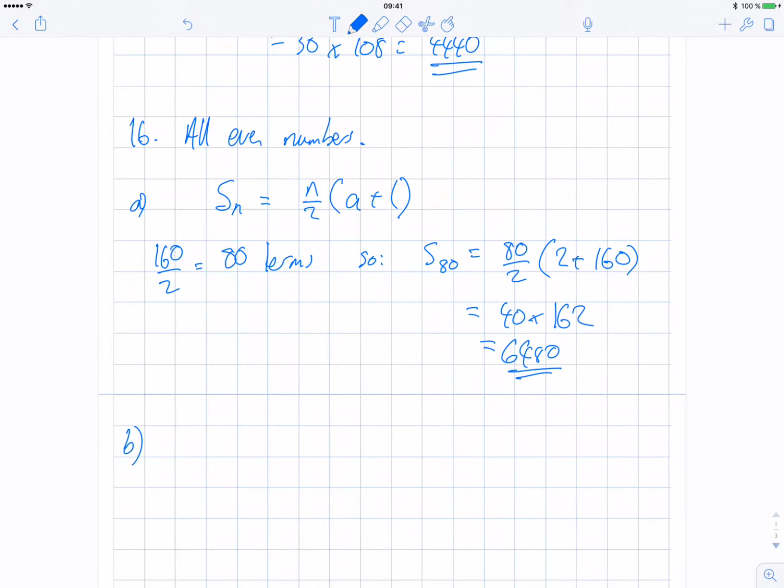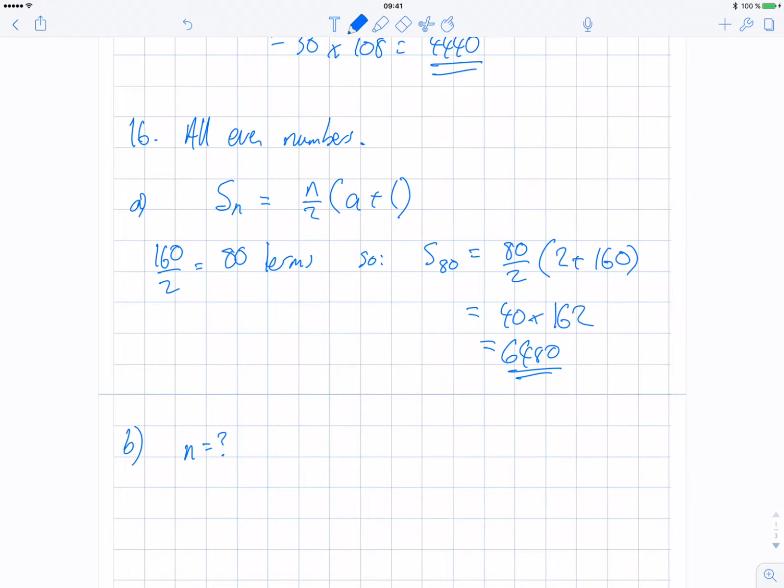Part B, all positive integers less than 500 that are divisible by 3. So first of all, I need to say what is n equal to?